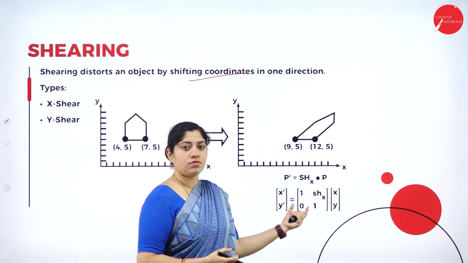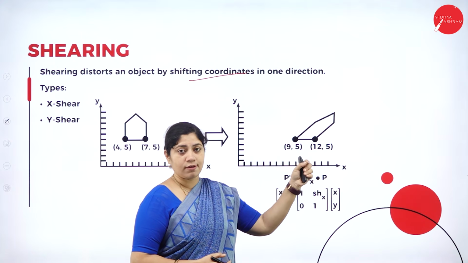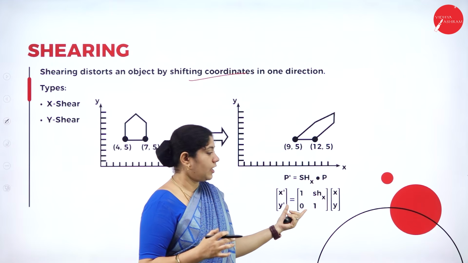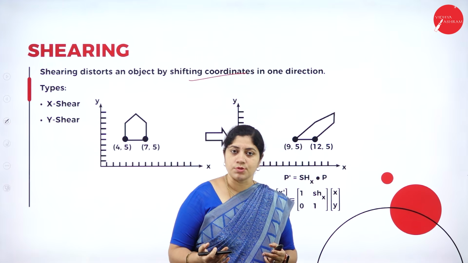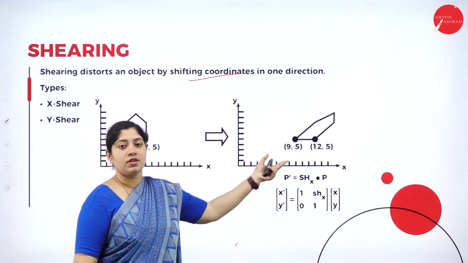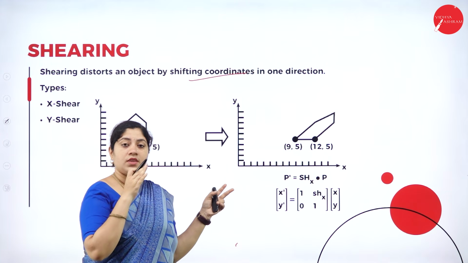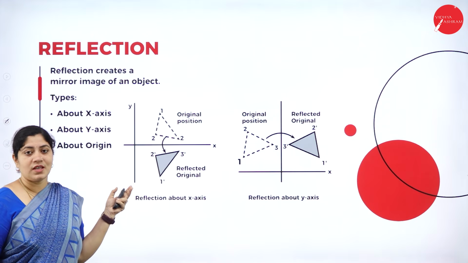For that, we are considering SHX, that is the shearing value, followed by 1 at the principal diagonal elements, which will be multiplied by x and y, that is the previous values. This will result in this kind of distortion, that is completely shifting an object in that x plane itself. All right, let's go with the next topic.